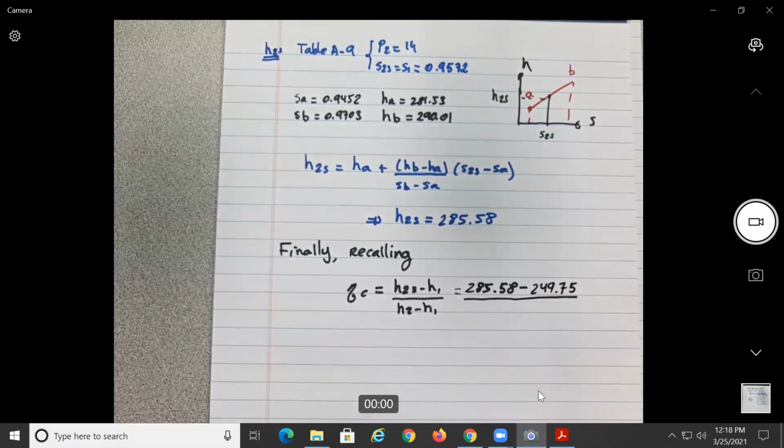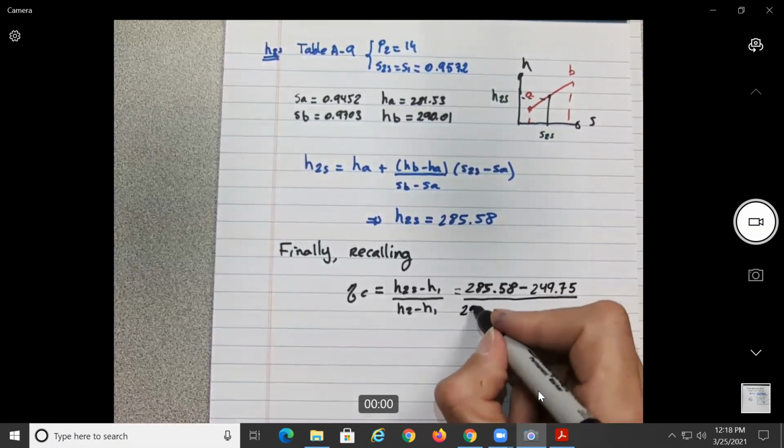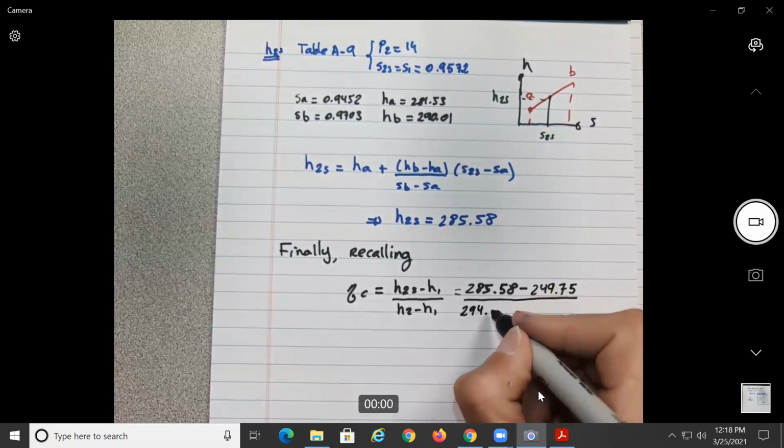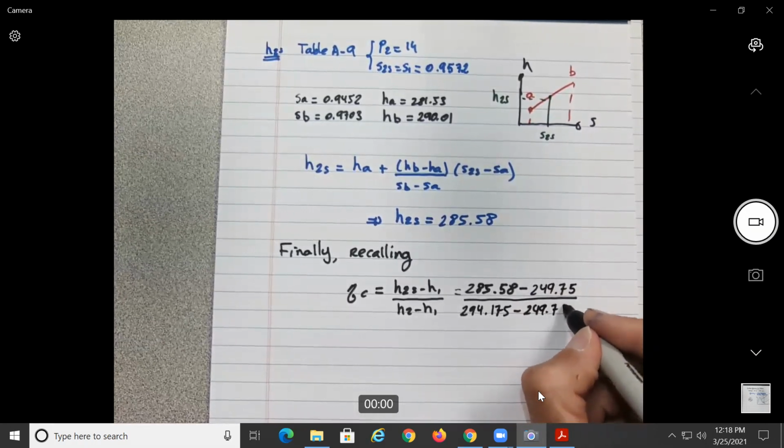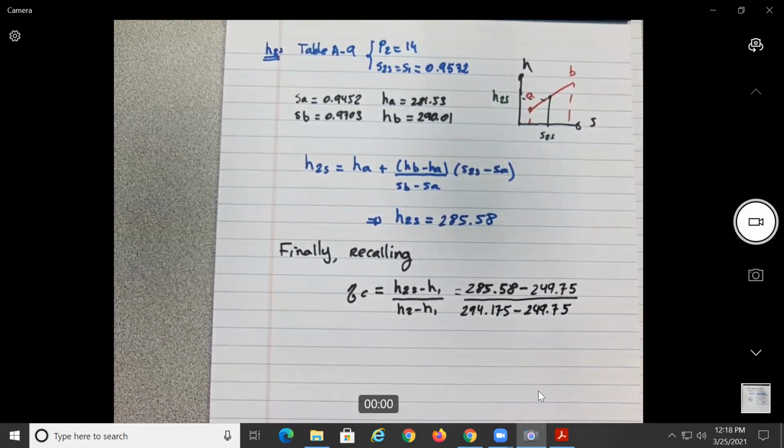H2, we found that to be 294.175. So minus H1 will be again 249.75.